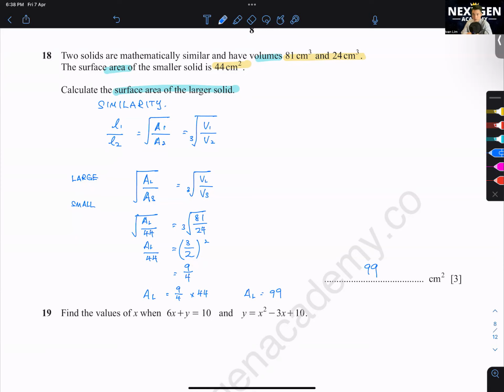Or is it always fixed big to small? Yes, okay, doesn't matter. You want to put large over small or small over large, doesn't matter. But remember the way I taught you all is that whatever you want to find, you put it on the top left here. Reason being, you don't have to keep on moving around all the values.